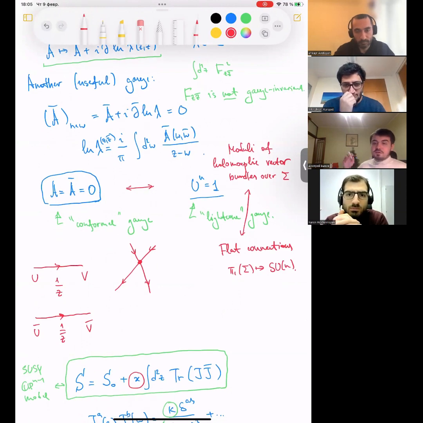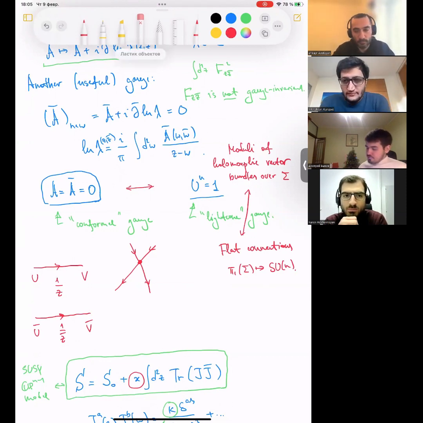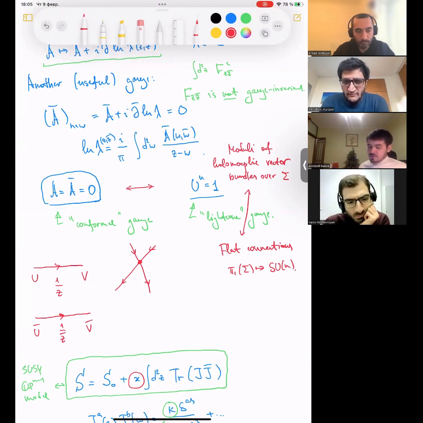So like in string theory, you integrate over moduli of complex structures or moduli of metrics. Here you can in principle set up a similar perturbation theory where you integrate over moduli of flat connections or moduli of holomorphic vector bundles. Here you would have to fix the genus of your surface, so you don't sum over genera.